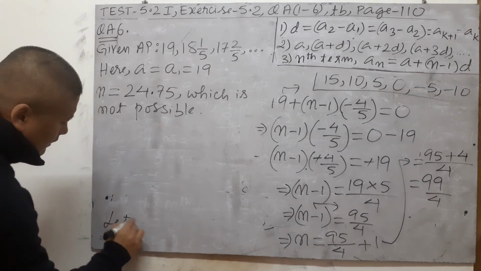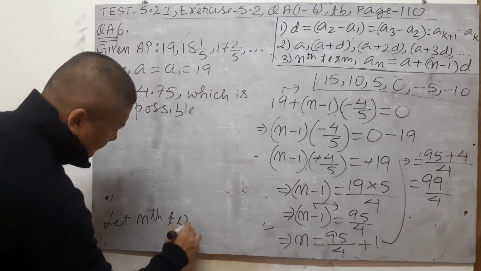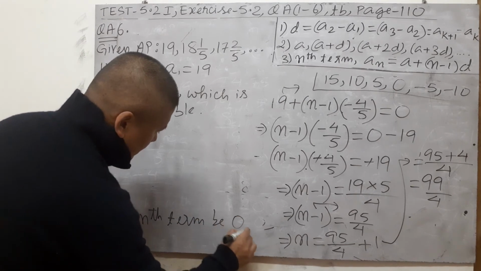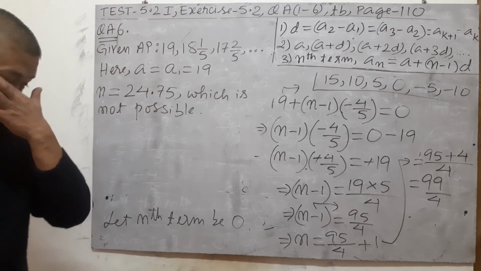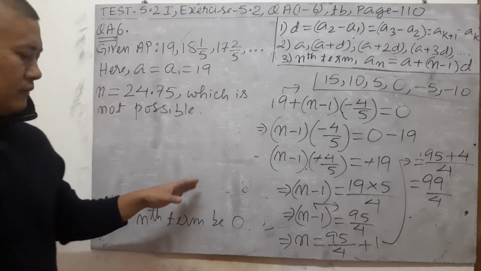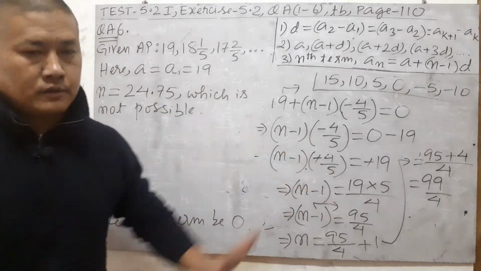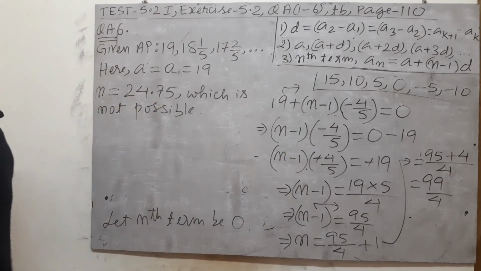We wrote in the beginning, let n term be 0. That means the 20th term or something is 0. So the position of a term cannot come out in decimal or fraction. So this is absolutely not possible.